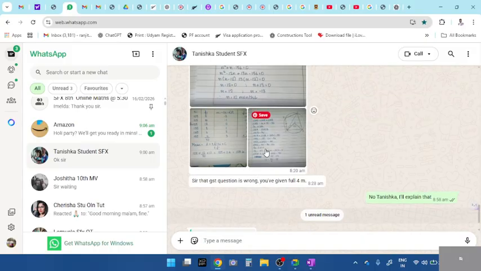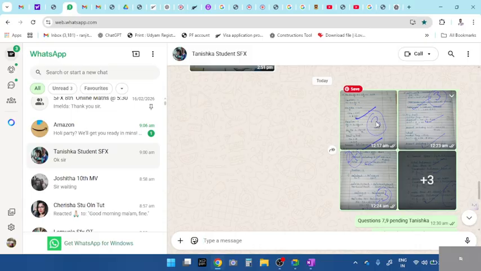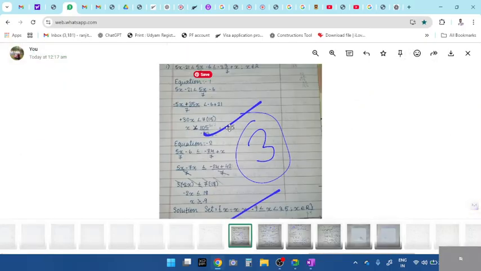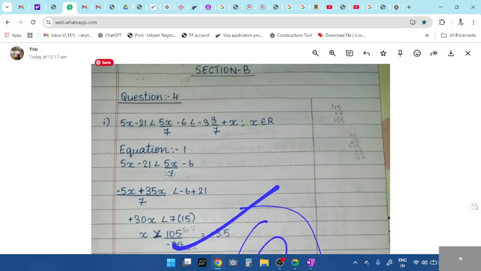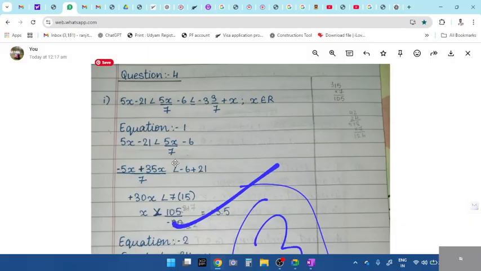Ah, these questions you didn't send. See, this calculation part. How do you directly do all these things? Tell me this. Yeah, that's what. Minus 5 you wrote that side and plus 35 LCM, right?